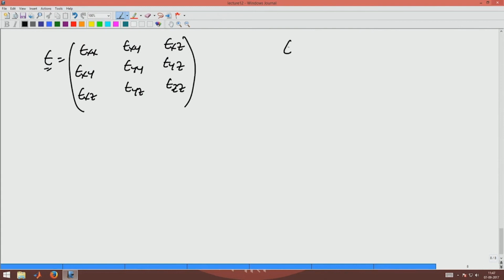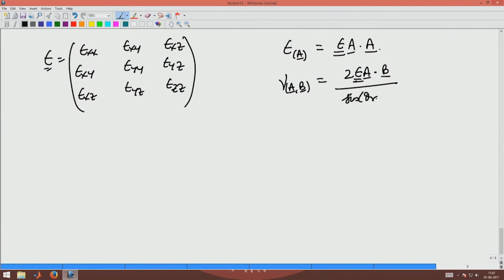You found that epsilon of A, that is change in length by original length along a direction A, is given by A dot epsilon A, and you found that gamma between A and B is given by 2 times A dot epsilon B divided by sine of the angle between A and B.